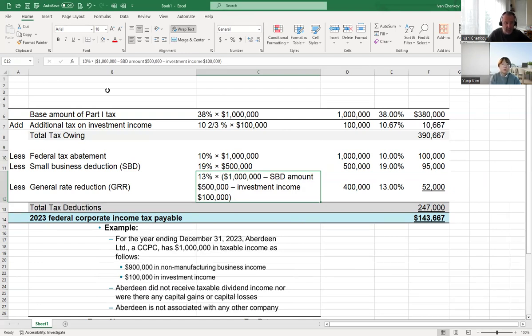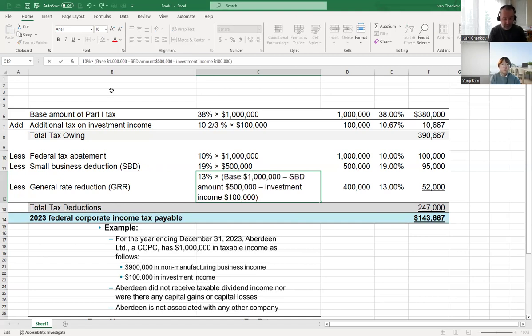We can easily change it to base amount less minus the small business deduction amount. We don't need that 500,000, and minus the investment income. We don't even need the percentage anymore, because the percentage is in the other cell.